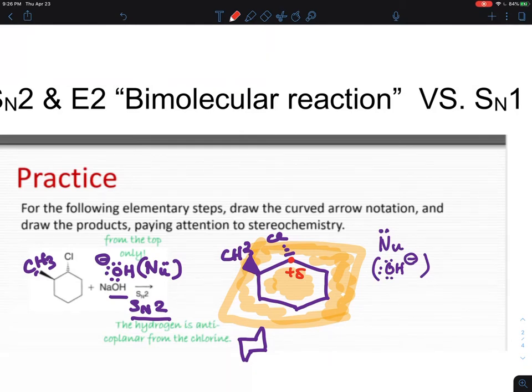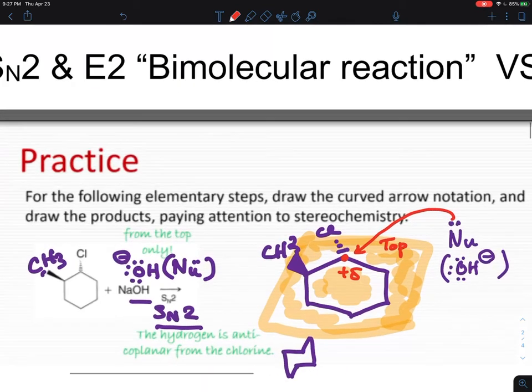Then I just draw this orange plane. That's where your cyclohexane ring is lying flat, and your chlorine is pointing down, right? Your nucleophile is going to be moving in from the top, just like that. So the nucleophile will attack from the top.